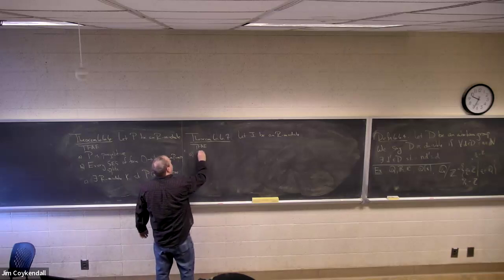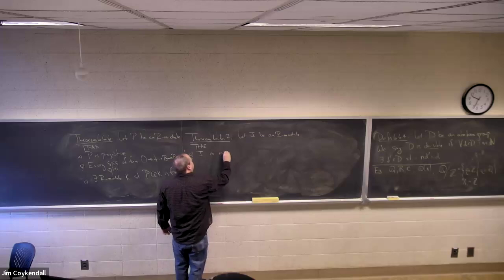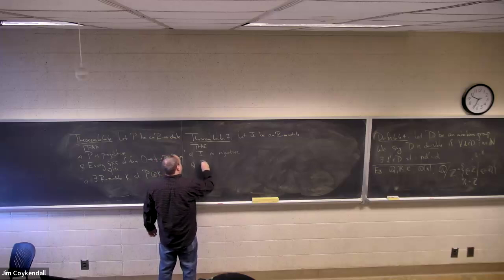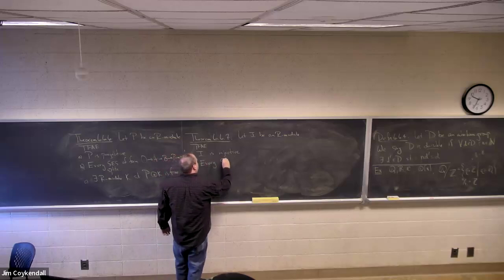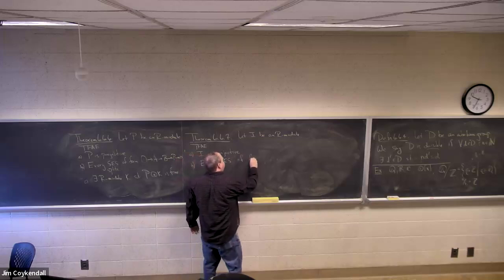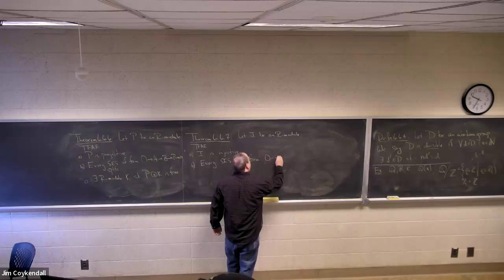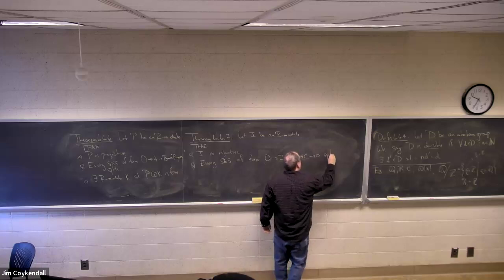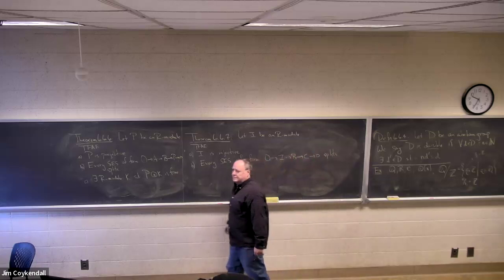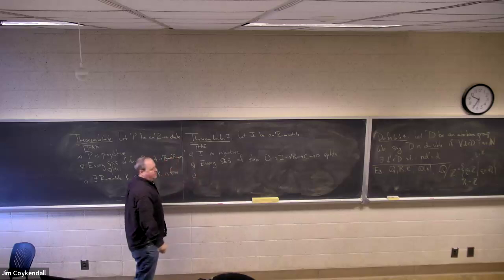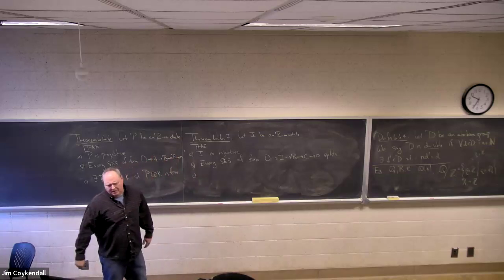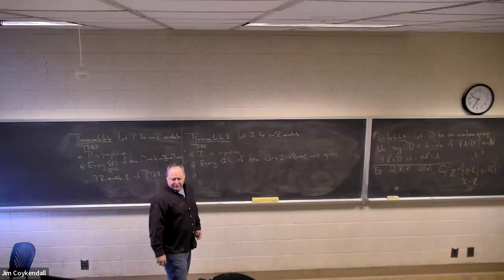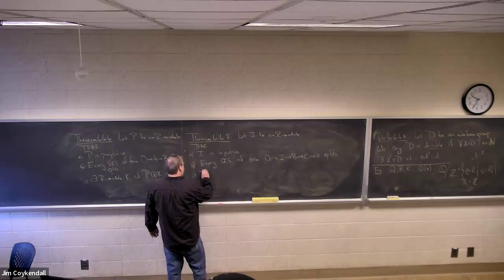One, I is injective. B, every short exact sequence of the form 0, I, B, C splits. And C, you don't get quite the nice statement you do from projective. I is a direct summand of any module of which it is a submodule.